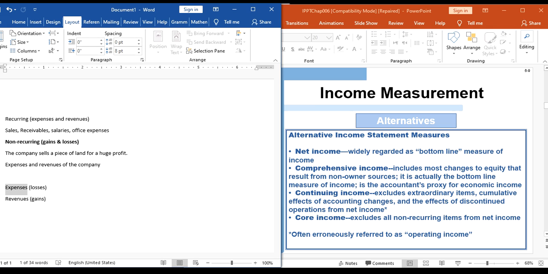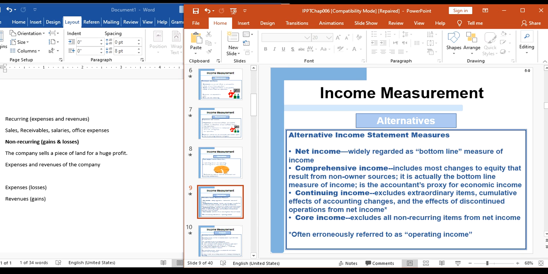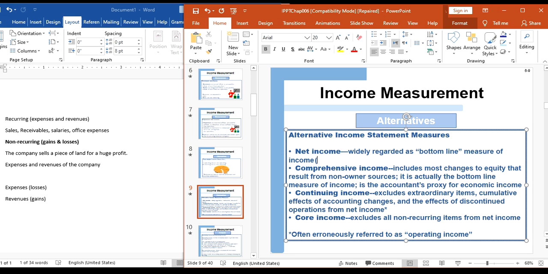Net income: whenever we talk about net income, we mean the operating income over here. It means we are including revenues and expenses, not losses and gains. Only recurring components, activities.